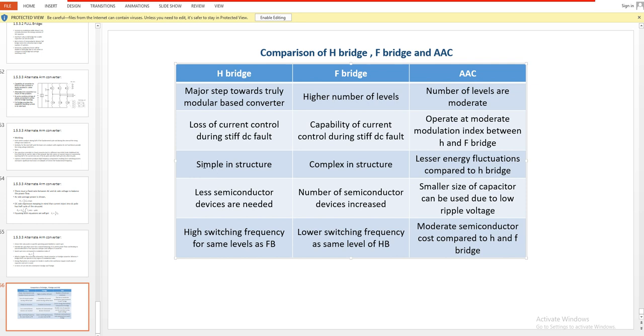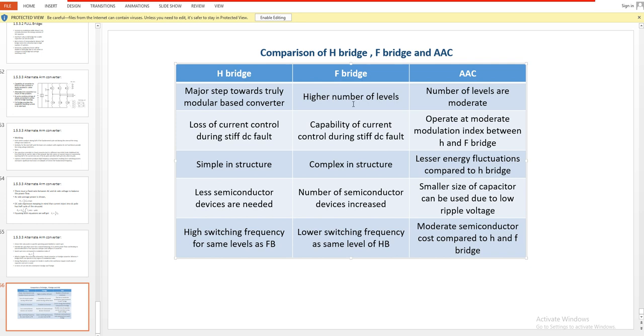We know it was simple in construction since it has only two switches with a capacitor connected in parallel across them. It has fewer semiconductor devices. We only need two switches, but its switching frequency as compared to full bridge is higher.